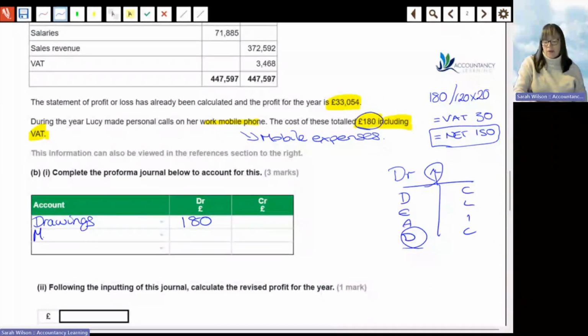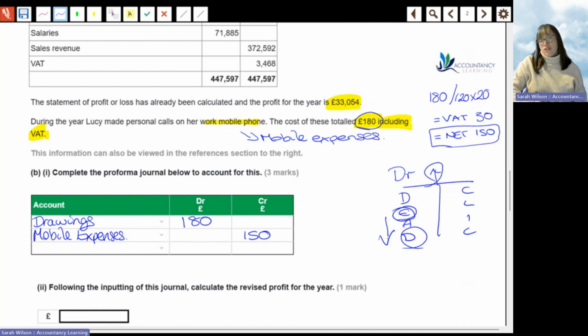So our next one will be mobile expenses. We're now going to reduce our expenses. So that's going to be a credit of 150, so the net amount. And then we need to deal with the VAT. So the VAT has been claimed back by HMRC on that full value.